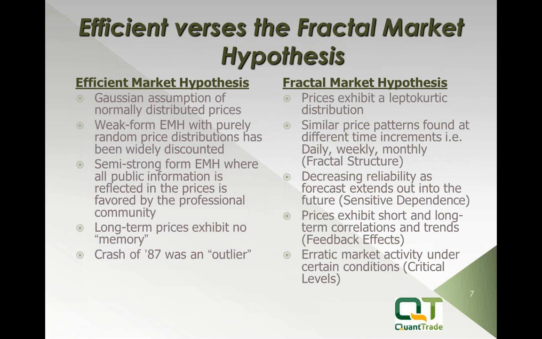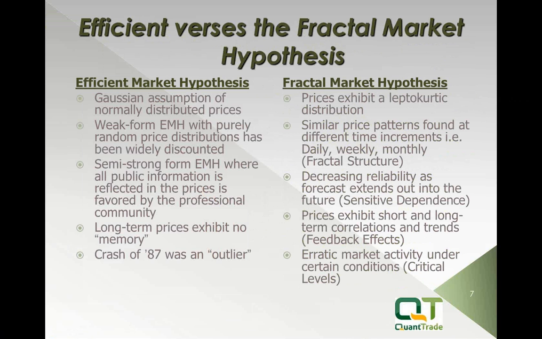What most experienced traders tend to agree on is that the second market hypothesis, called fractal market hypothesis, is correct. Now, they may not even realize that they're agreeing with this theory, but the concepts that they hold true actually match up well with it. This concept proposes that there are existing price levels and attractors in the marketplace, and that similar price patterns can be found across different time frames.